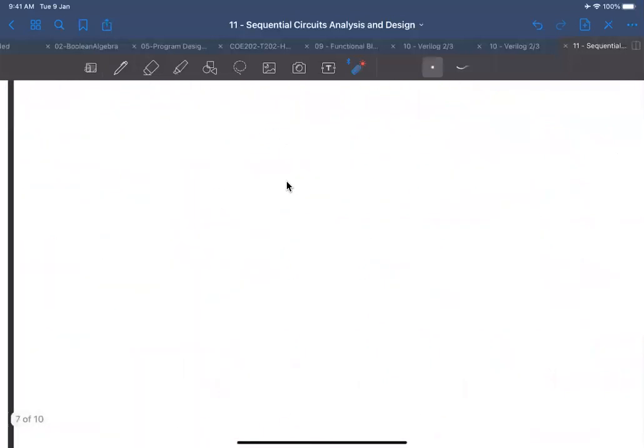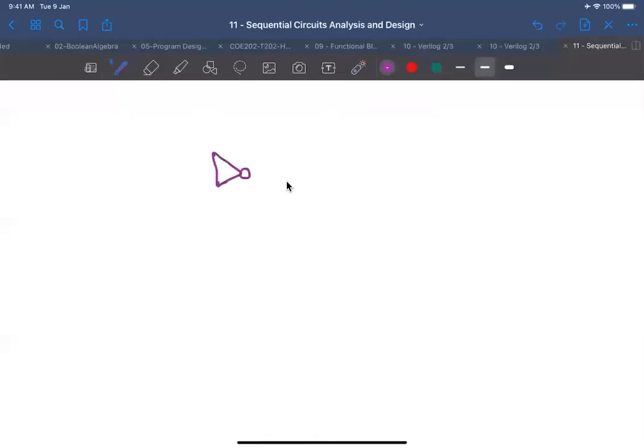Let me start with a simple inverter, and let me say that the input is X here. What is the output of the circuit? X. So it doesn't harm if I connect both input and output to each other, right?